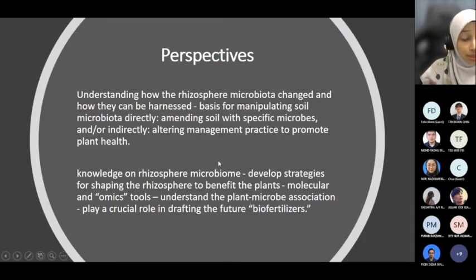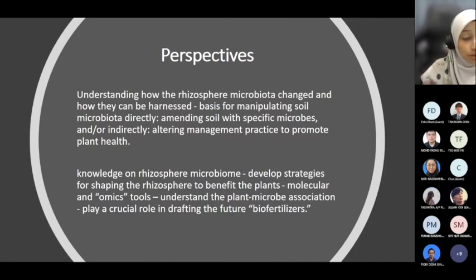So, quickly, the perspective: understanding how the rhizosphere microbiota change and how they can be harnessed is a basis for manipulating soil microbiota, either directly by amending soil with specific microbes or indirectly by altering management practice to promote plant health, right? And knowledge on the rhizosphere microbiome helps develop strategies for shaping the rhizosphere to benefit the plants.